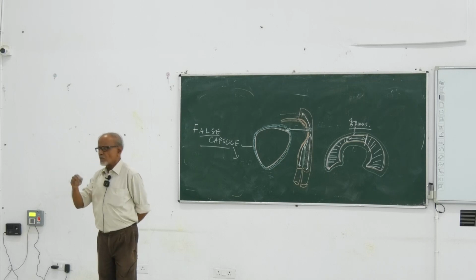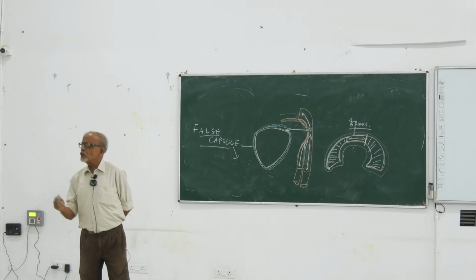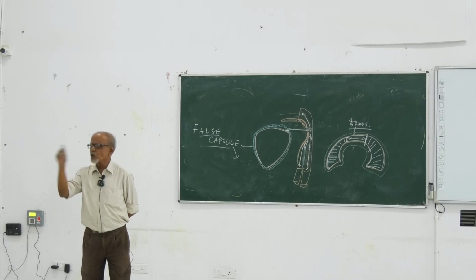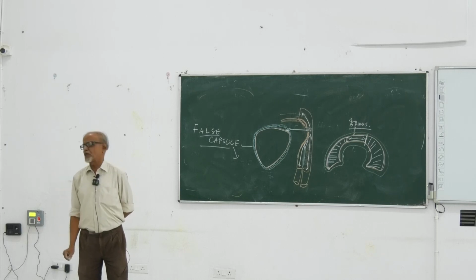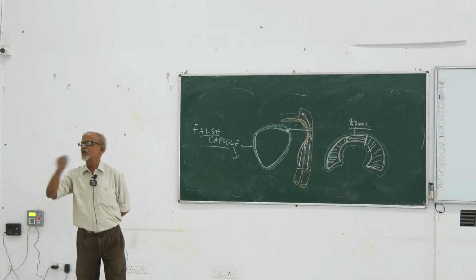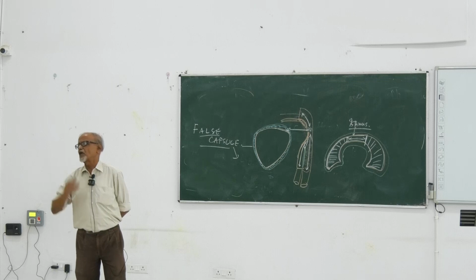I will tell you the names of the veins. Now such veins will also form a plexus around the thyroid, but that plexus fortunately lies deep within the true capsule on the surface of the gland.